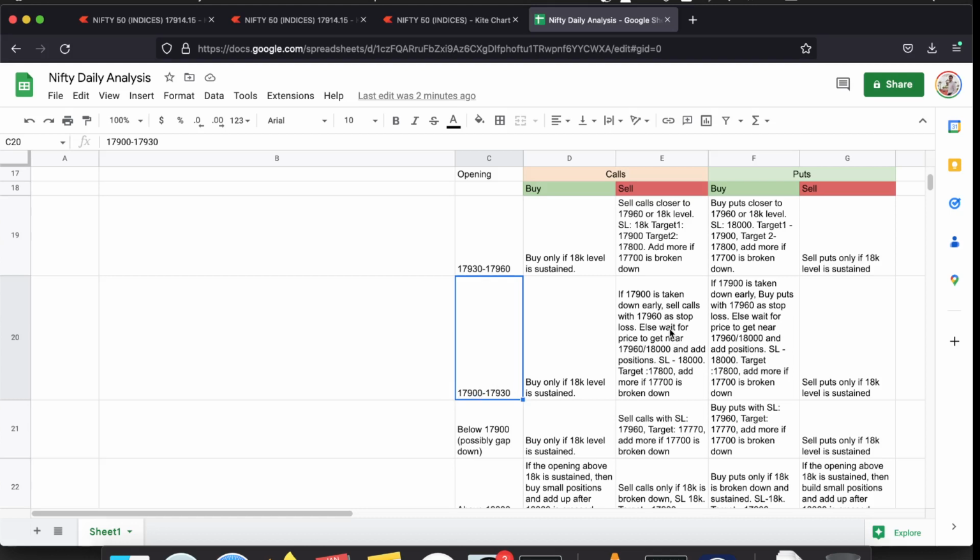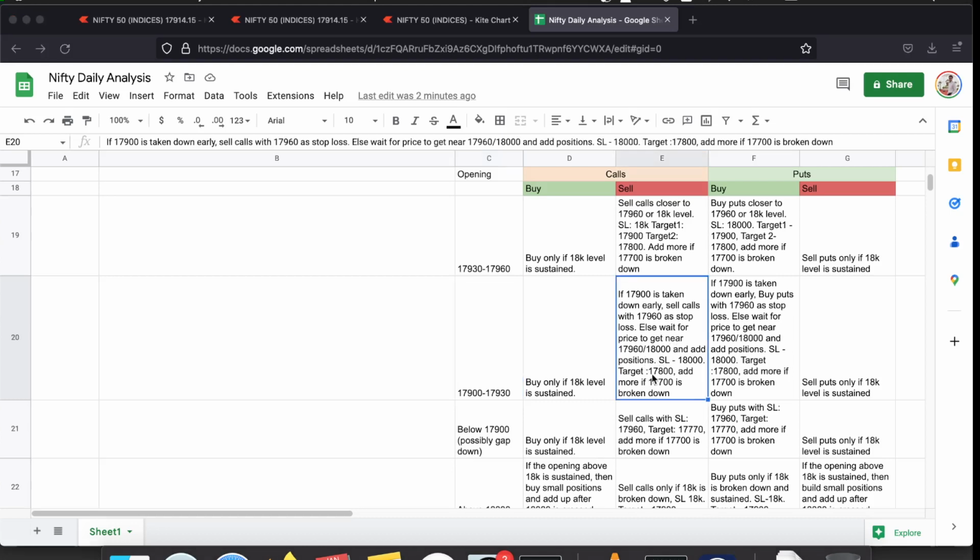If in the initial first 15 minutes 17,900 is taken down, then immediately take a short position, either sell a call or buy a put, with 17,960 as stop loss, so that pullbacks will not take out your trades. And then wait for the price to get somewhere near 17,800 to book profits.